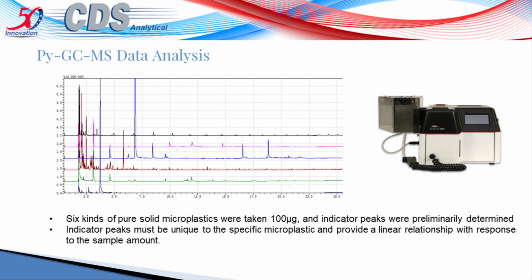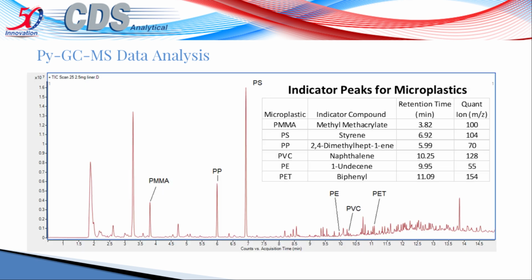Because one microplastic often produces more than one peak, indicator peaks which represent each microplastic must be chosen for identification and calibration. So the polymer standards were also individually pyrolyzed to determine these preliminary indicator peaks. Here we're looking at a mixed microplastic standard. These indicator peaks were specific to each microplastic and provided a linear relationship between area abundance and amount.